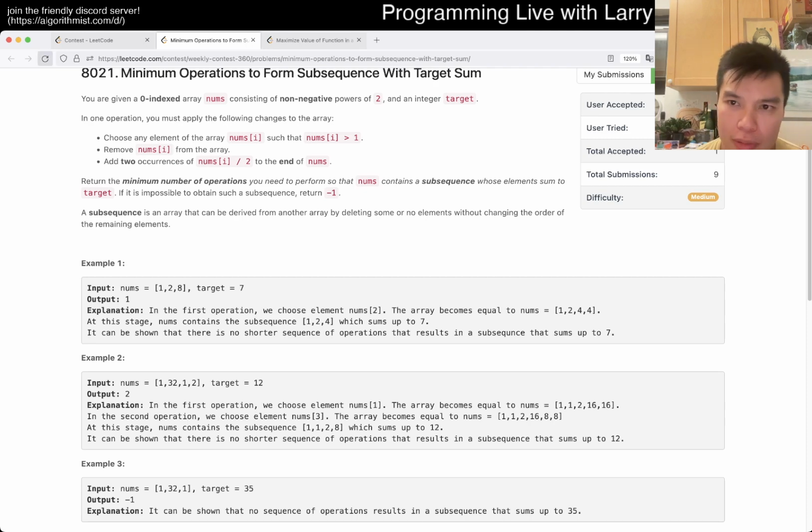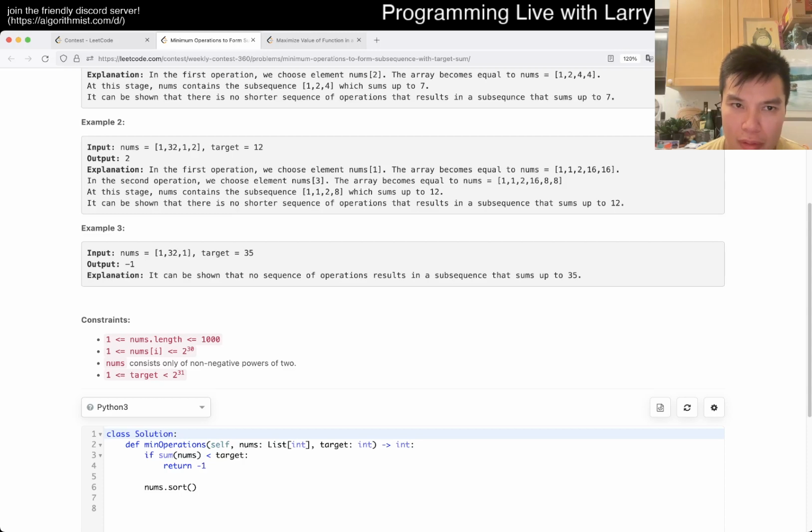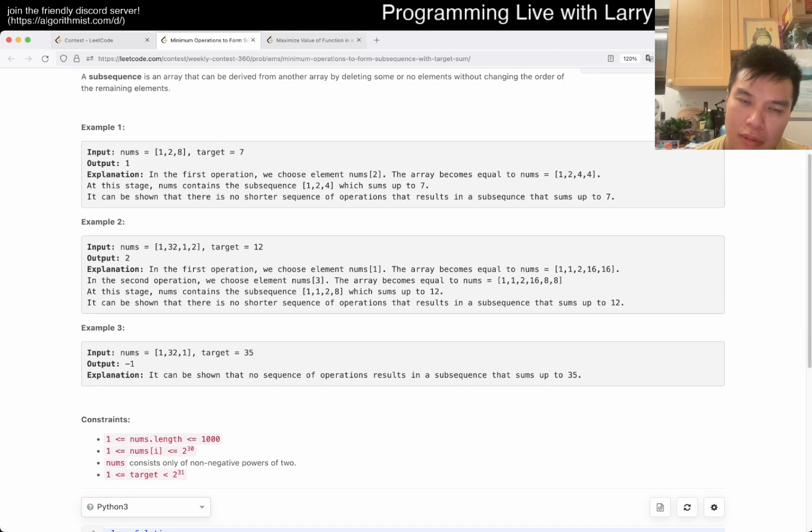If we sort it, what does that mean? It is not. Let's say the number is 32 and the target is 31. Then what?